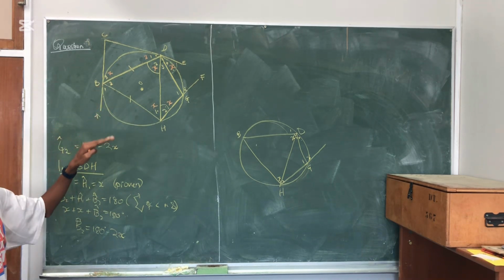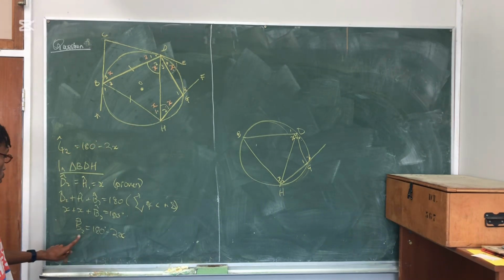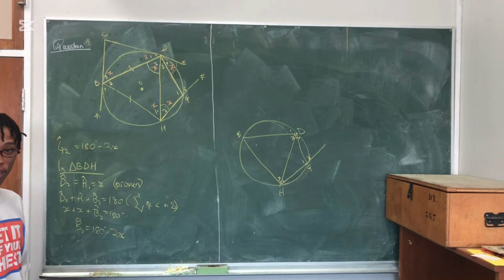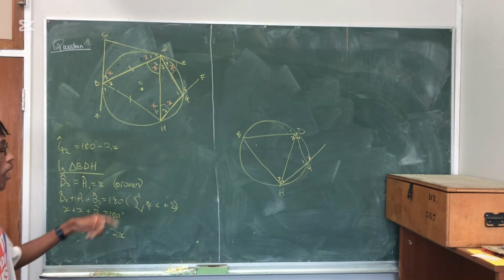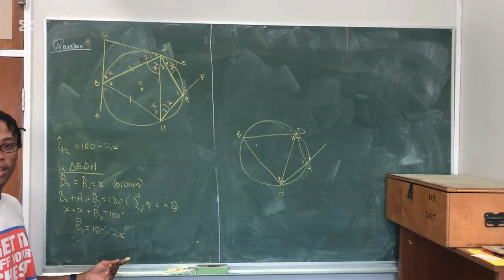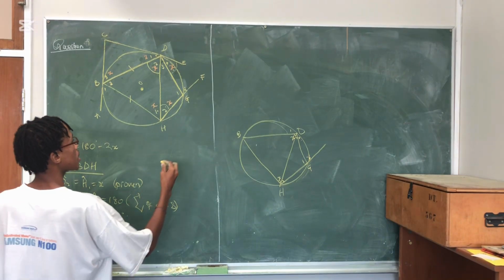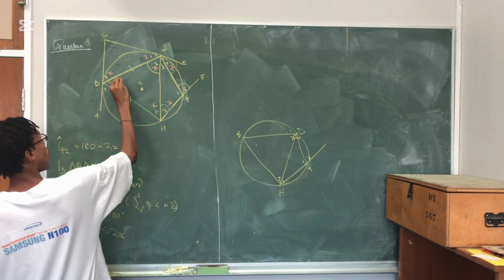From this point, you can use a lot of different ways to go about proving that G2 is equal to 180 minus 2x, but the quickest way that we're going to use is the exterior angle of a cyclic quad. The theorem states that the exterior angle of a cyclic quad is equal to the interior opposite angle.